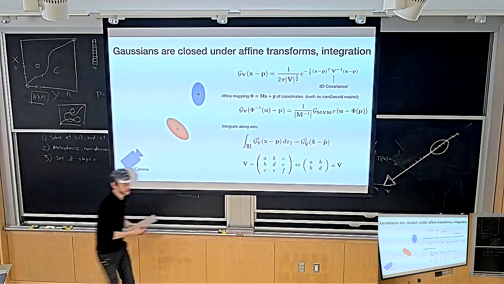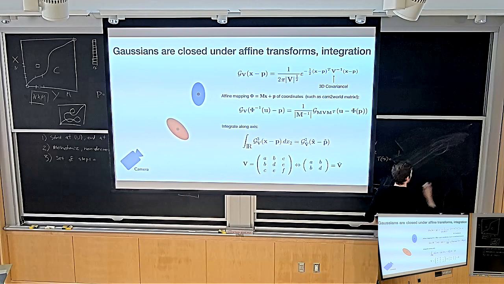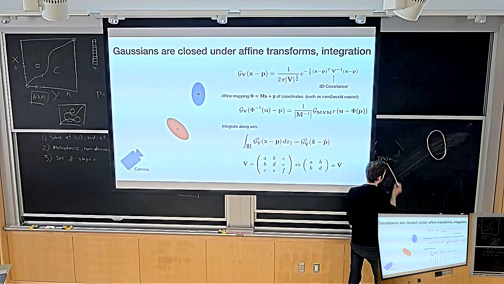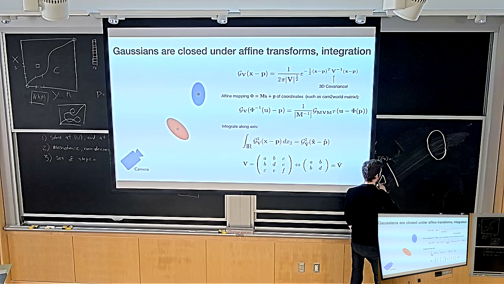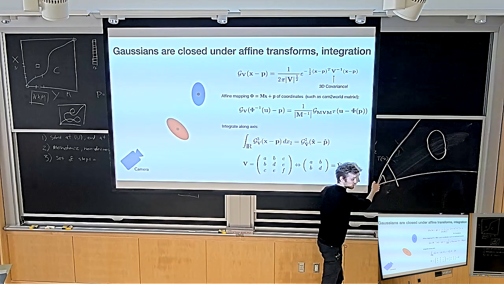What ends up happening is you have this Gaussian here, and if you look at the image, it's a little self-explanatory. This is our camera, and this is the image plane.